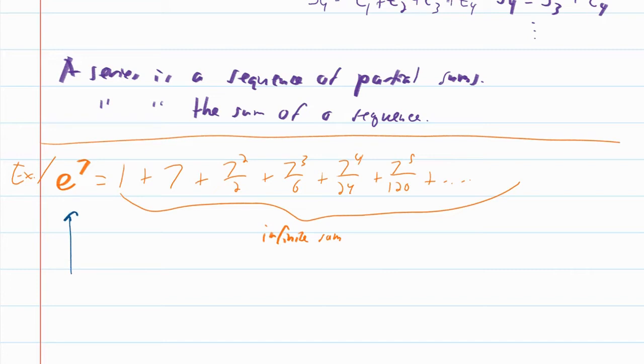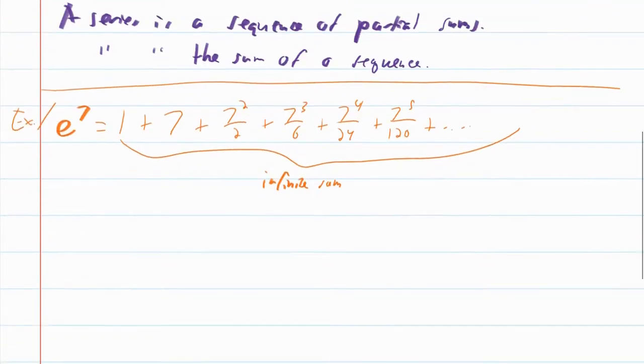E to the 7th is what's called a transcendental function. It's very difficult to attain an approximated value for it. So what your calculator actually does is it does not do e to the 7th. It actually adds up all of these only so far as to how many decimal places it needs, and then it stops.